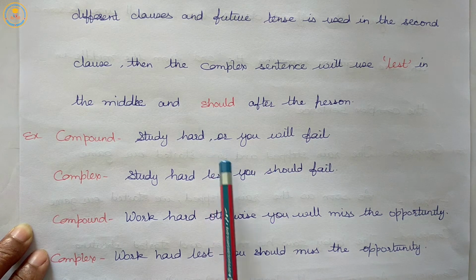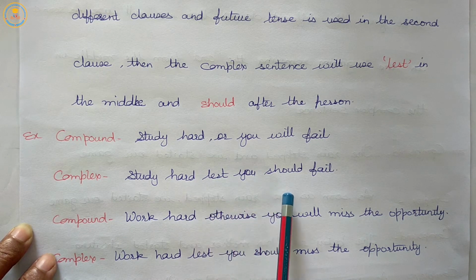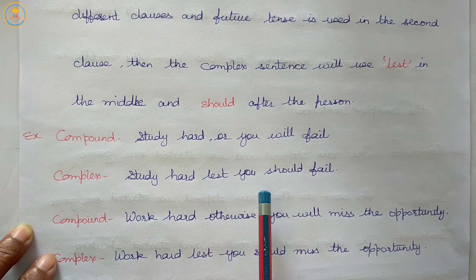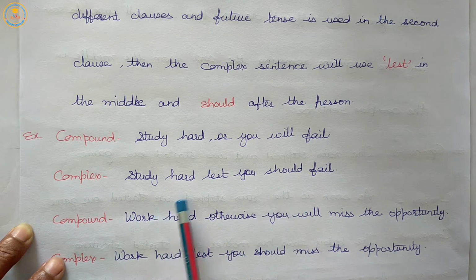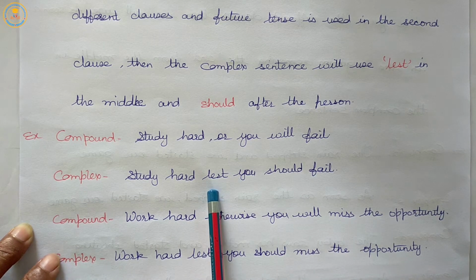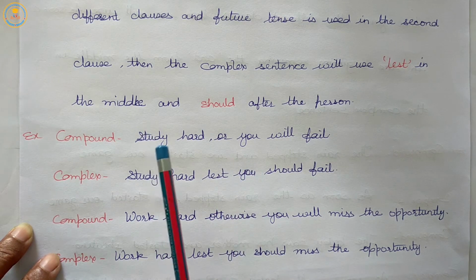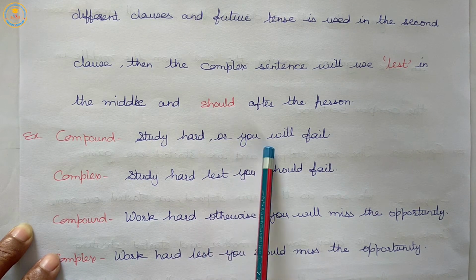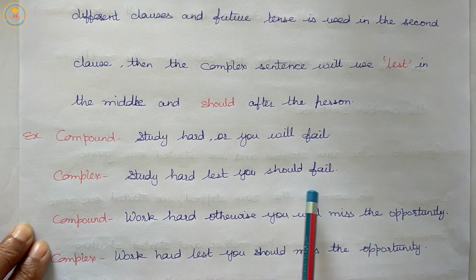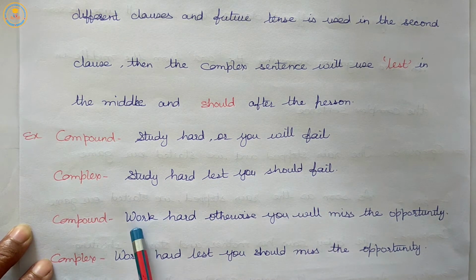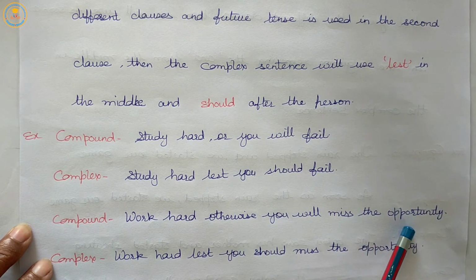If there is or or otherwise in the compound sentence to connect two different clauses having future tense in the second clause, then the complex sentence will use lest in the middle and should after the person. So, study hard or you will fail. Study hard lest you should fail. Work hard, otherwise you will miss the opportunity.